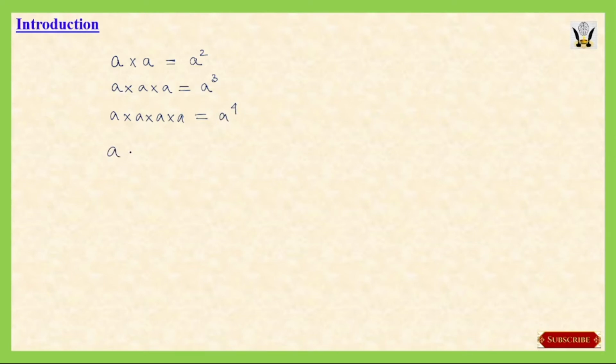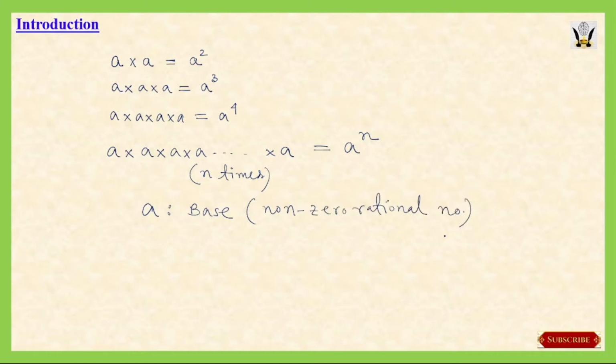Now suppose we multiply a by the same number a n times, then how will it be written? It will be a to the power n, where a is called the base and it is a non-zero rational number, and n is called the exponent and n is a natural number.